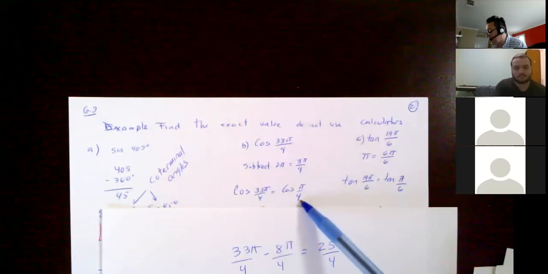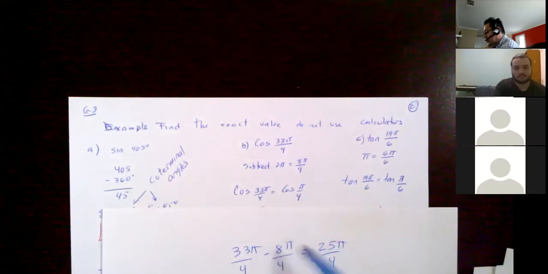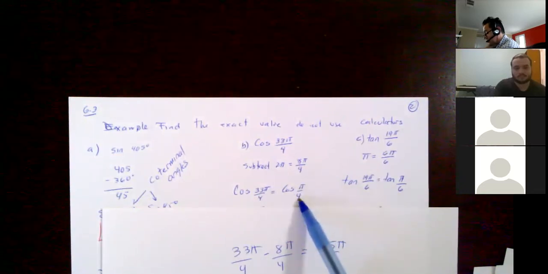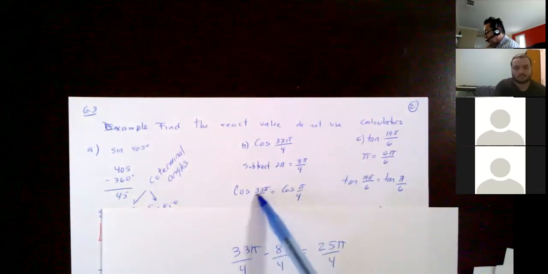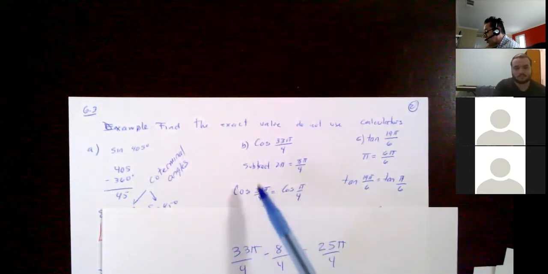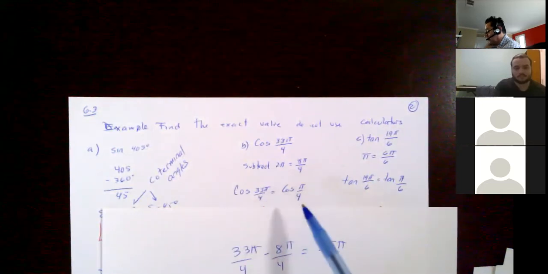That's the other way that we can do it, and that can be done faster. Or you can subtract 2 pi every single time until you get to cosine of pi over 4. So again, cosine of 33 pi over 4 equals cosine of pi over 4. These two angles are coterminal angles, by the way.